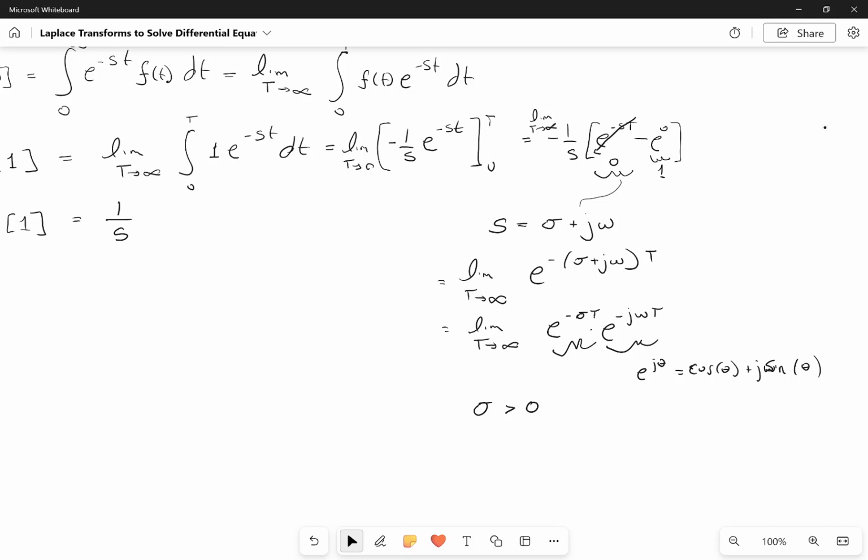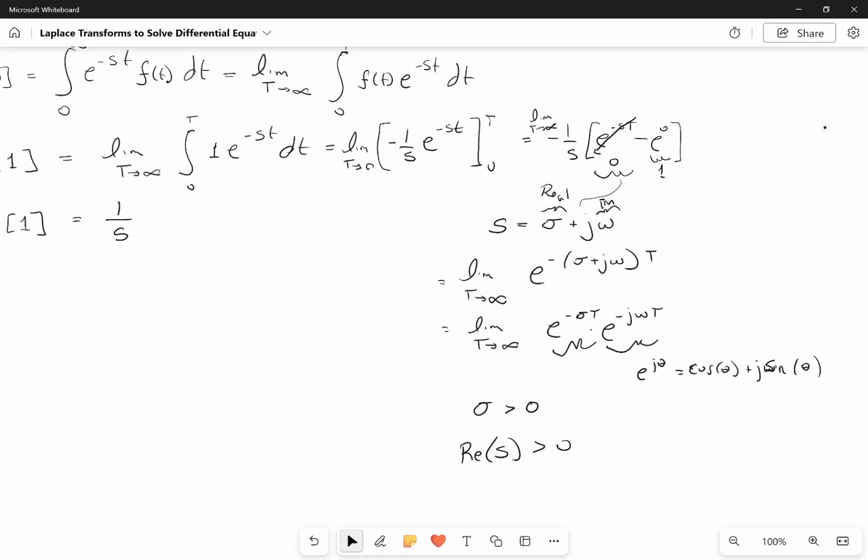And what is sigma? Sigma is the real part of s; this is the real part, and this is the imaginary part of s. So the real part of s must be greater than 0.